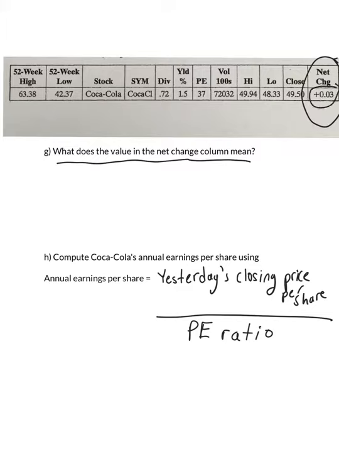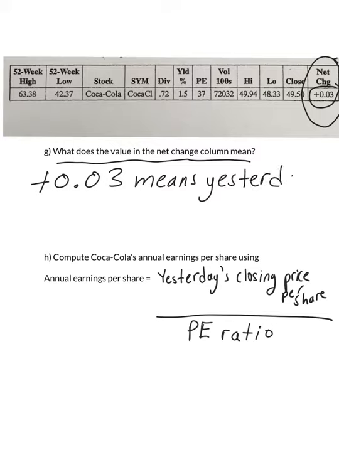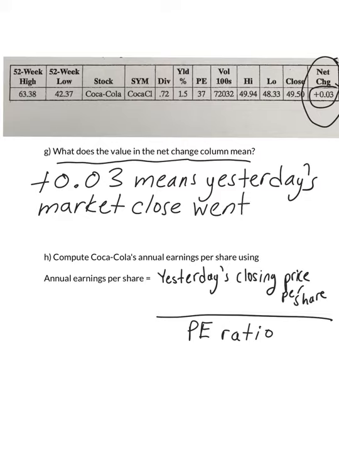And the net change always compares the price from 2 days ago when the market closed to yesterday when the stock market closed. So the plus 0.03 means yesterday's market close, in other words, the price when the stock market closed, went up, since we had a plus symbol there, went up 3 cents, because it was 0.03.